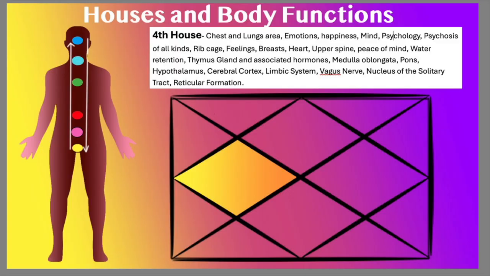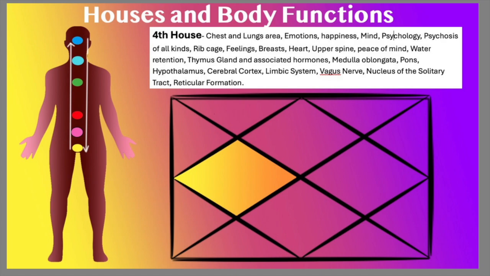The medulla oblongata, these are all brain parts which are responsible for the fourth house: pons, hypothalamus, cerebral cortex, limbic system, the vagus nerve, and the nucleus of solitary tract and reticular formation.